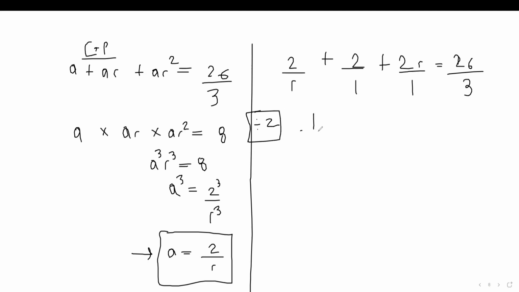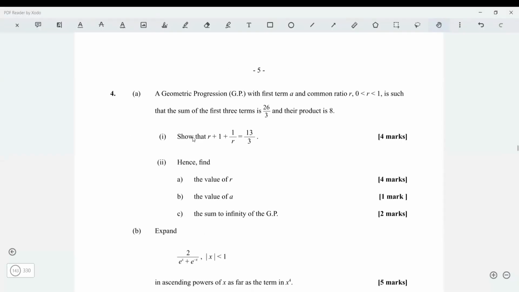You're going to get 1 over R plus 1 plus R equal to 13 over 3. That's not too bad. All right, so proved. That's what we get right there.